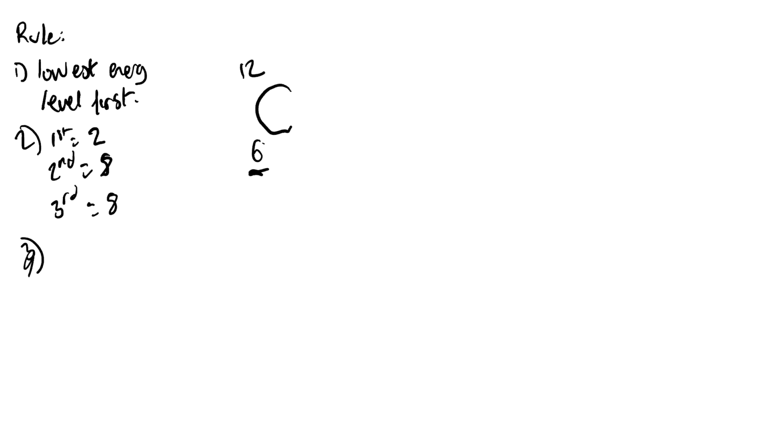The proton number is 6, so it must have 6 protons and also 6 electrons. So we need to draw 6 electrons. In the middle we have the nucleus, and then round that we're going to draw the first shell, because we're following the first rule, lowest energy level first.